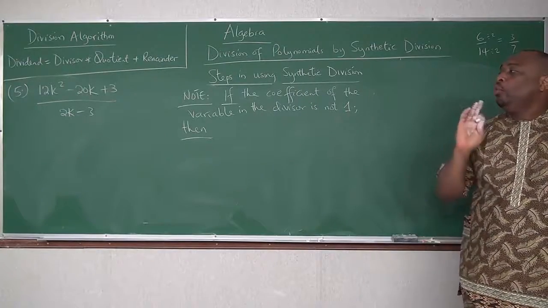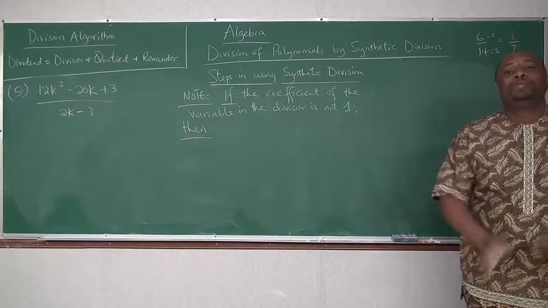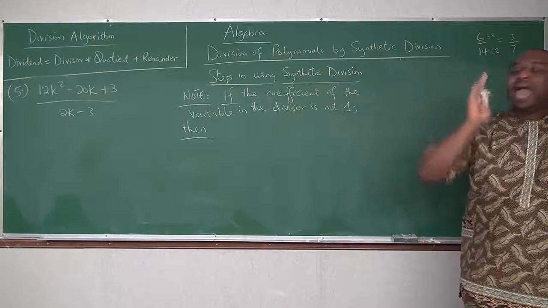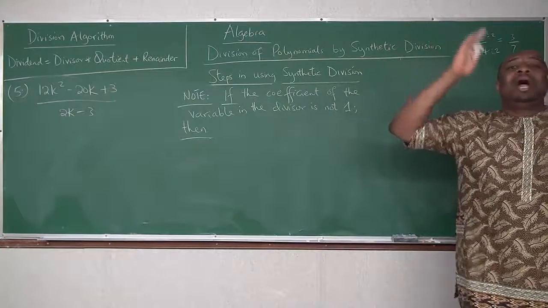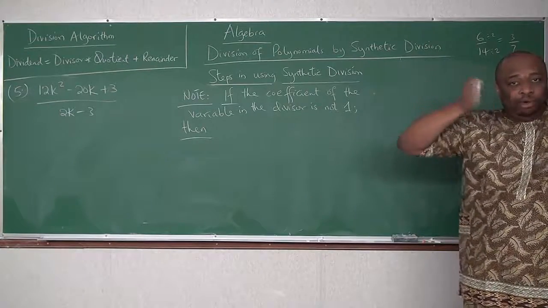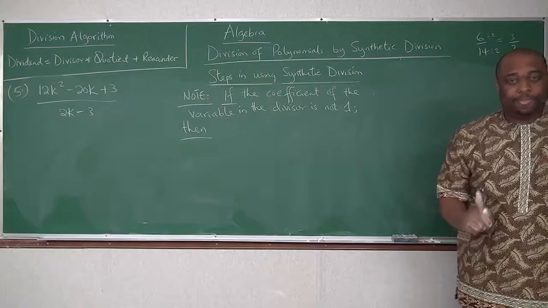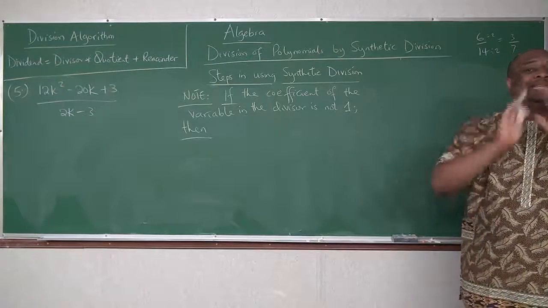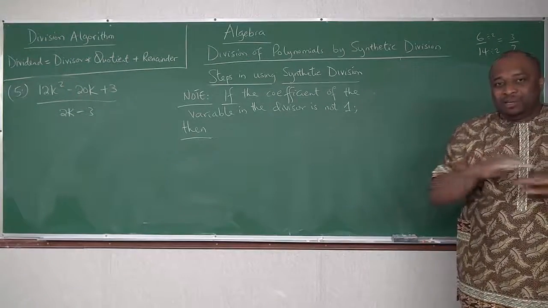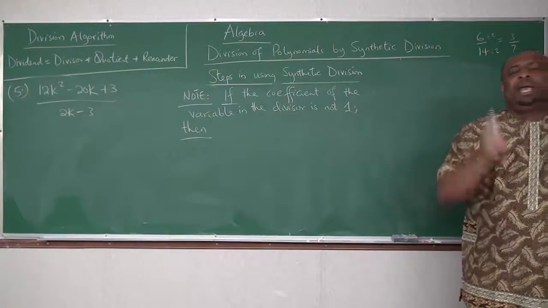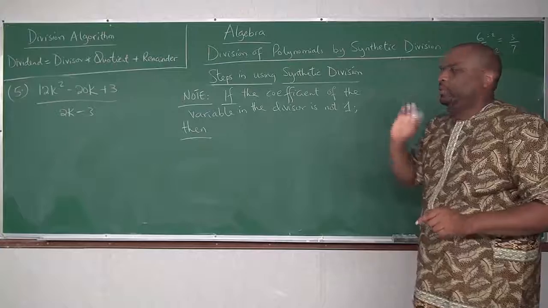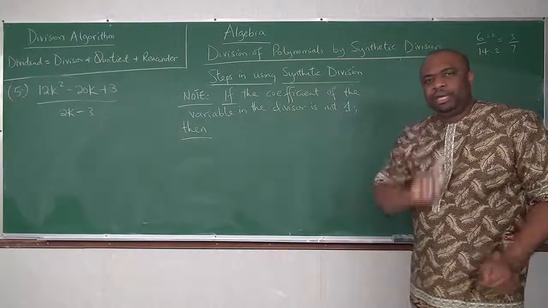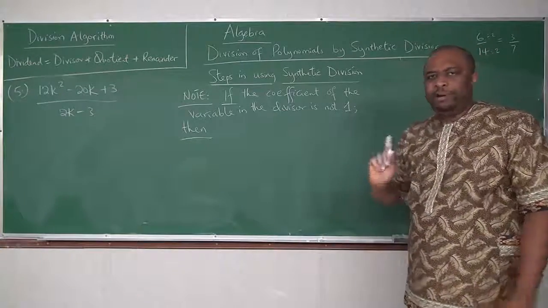We are dividing both the denominator and the numerator by that coefficient to make it 1. That literally means dividing every single term in both the dividend and the divisor by that coefficient. We have to do that before we can use synthetic division.